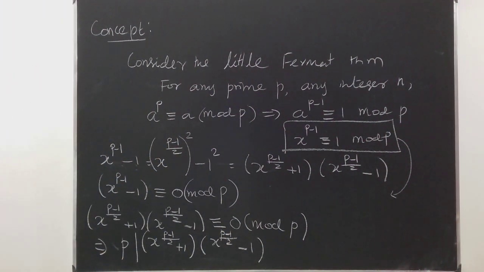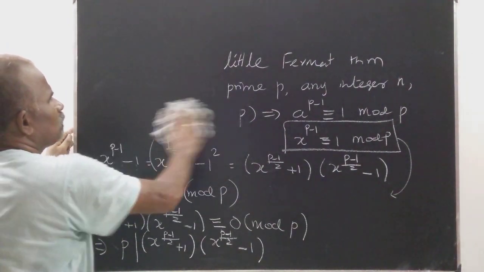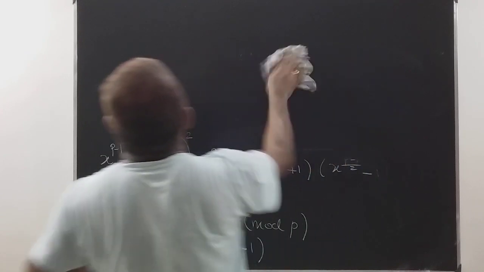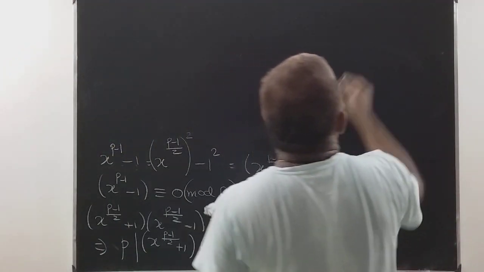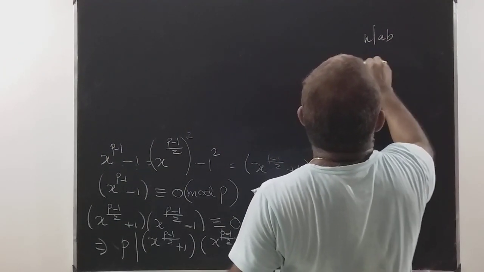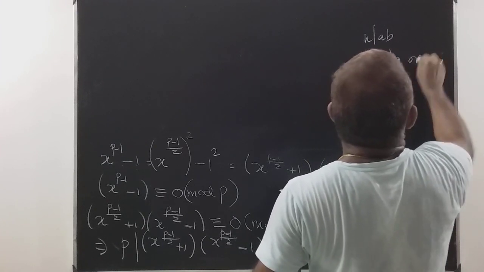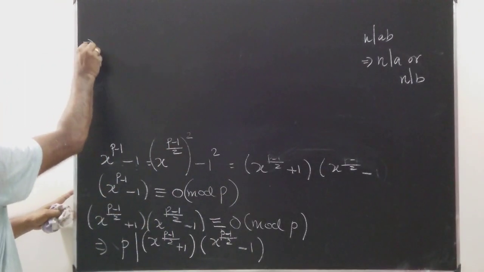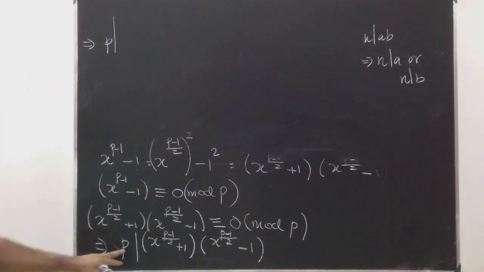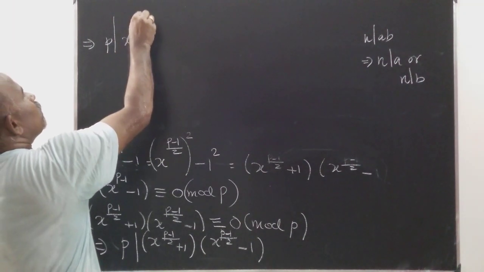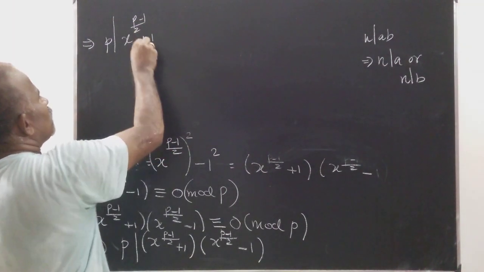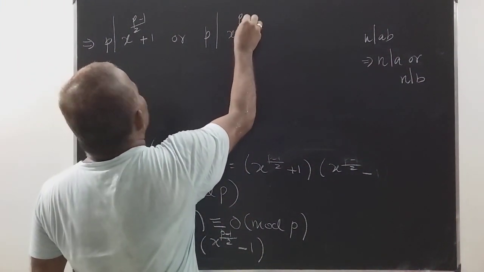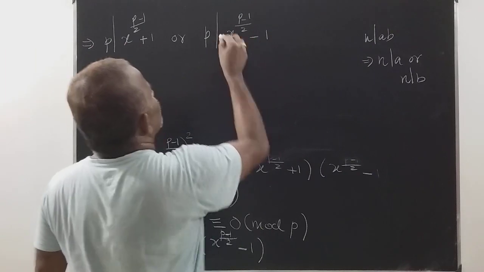We know that n divides AB implies n divides A or n divides B. So p divides x power p minus 1 by 2 plus 1, or p divides x power p minus 1 by 2 minus 1.